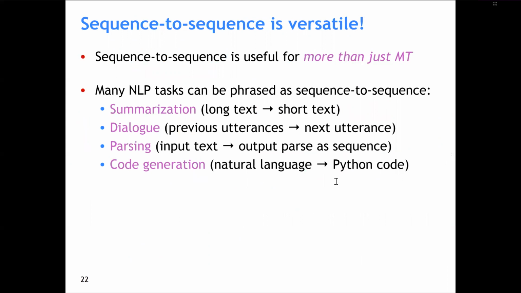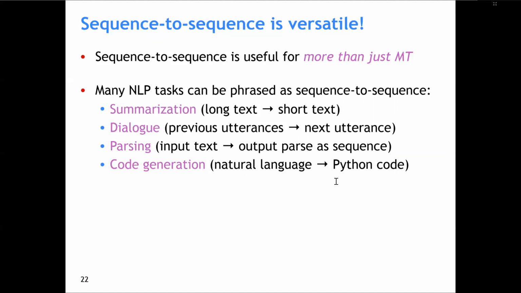This framework is very versatile. It's not just for machine translation; more generally it's sequence-to-sequence. It can be used for summarization: you give an article and generate an abstract of that article. Also dialogue, where you respond to a previous utterance, or question answering tasks, and parsing.